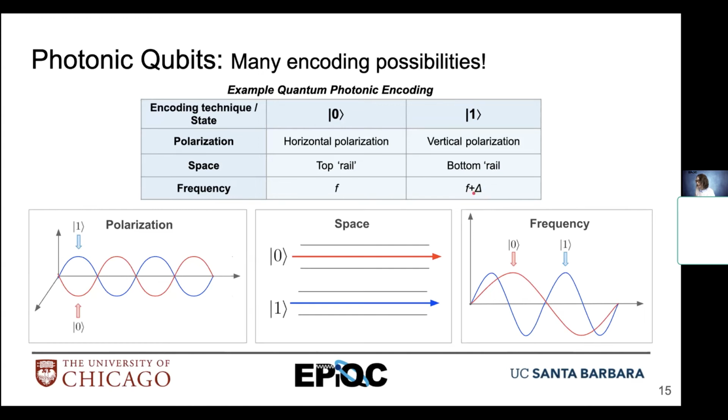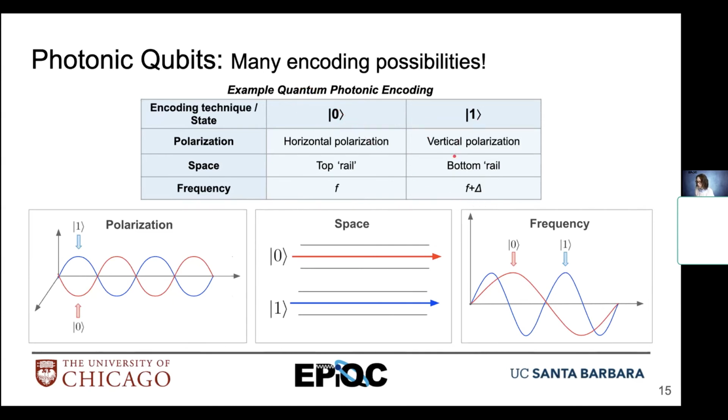As we increase our frequency, that causes a signal to oscillate faster. So if we add a delta to our frequency to create state ket 1, we're going to have a slightly faster oscillation. When we measure this photon, the frequency at which it is traveling is going to be its particular value, so either ket 0 or ket 1.